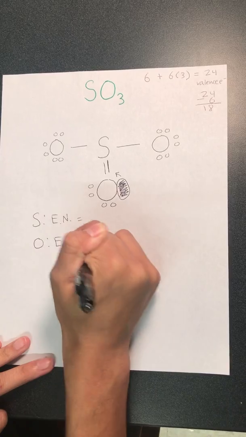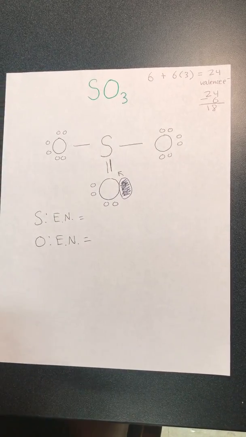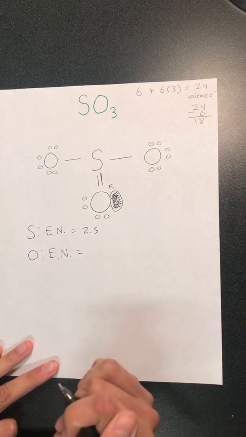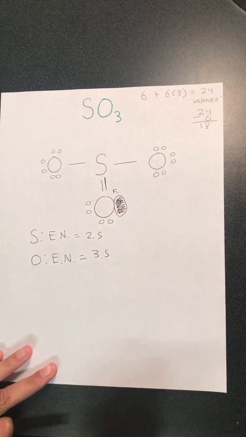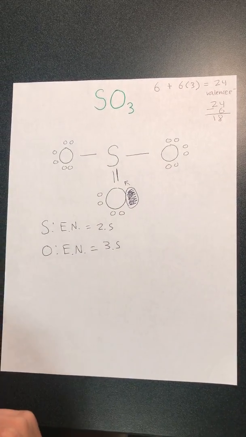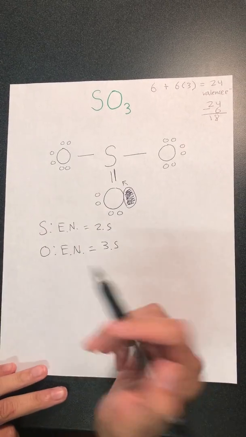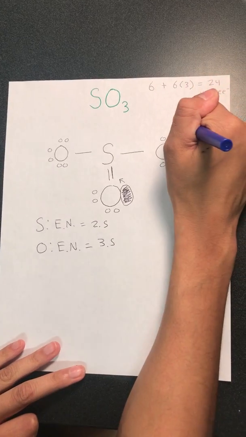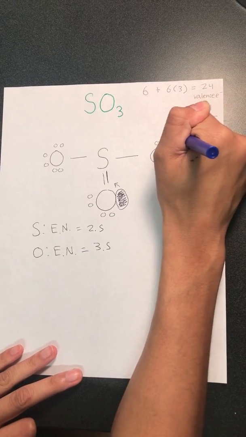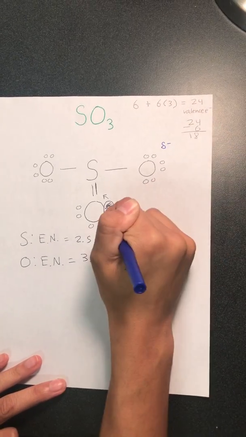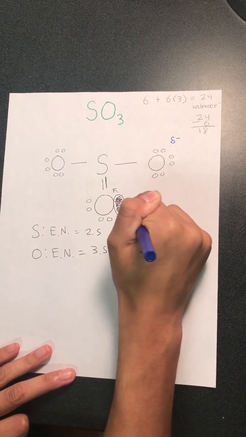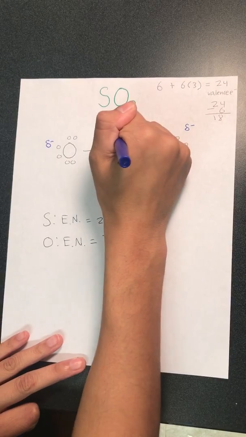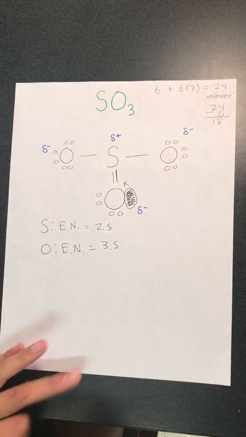Sulfur's electronegative value is 2.5, and oxygen's is 3.5. And so since oxygen has the highest electronegative value, it is going to have a partial negative charge. All 3 of them will have a partial negative charge, and then sulfur will have a partial positive charge.